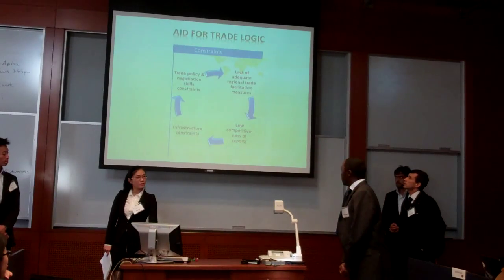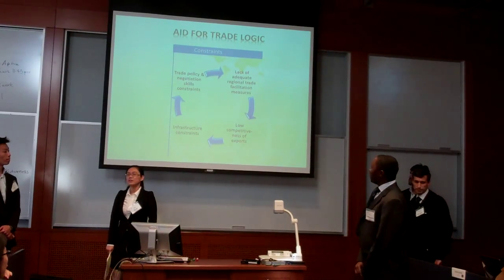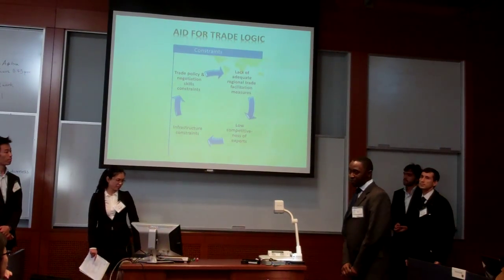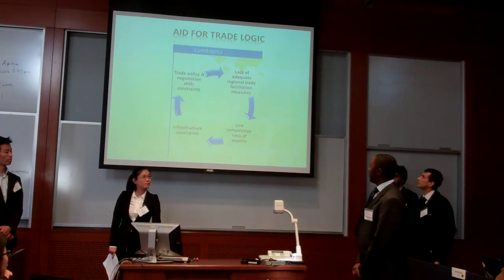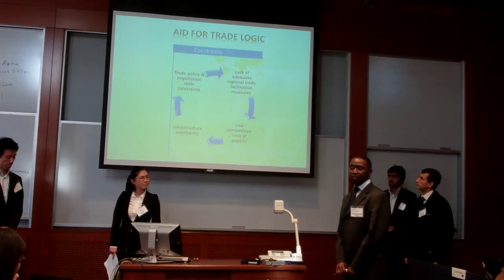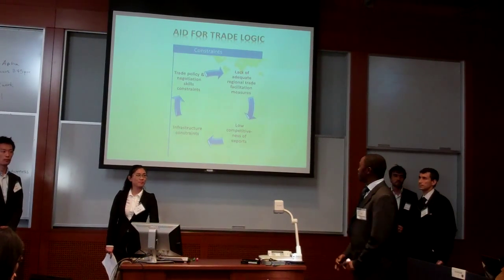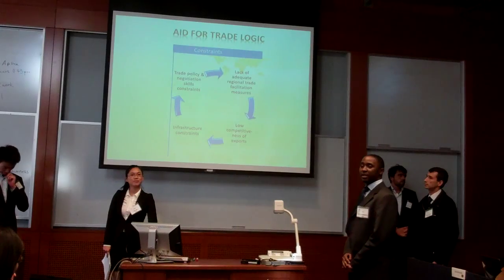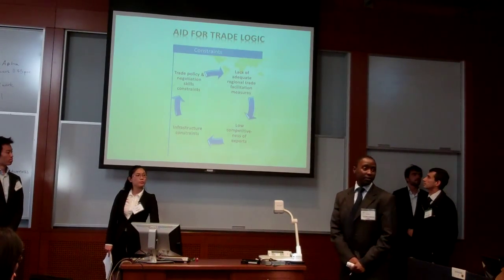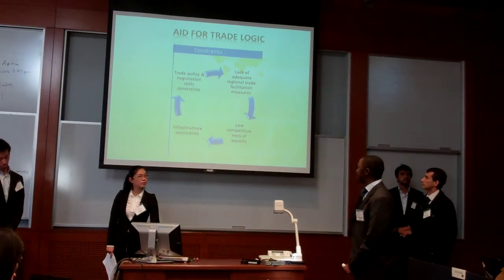Secondly, I would like you to focus on the logic which we have established to back up Aid for Trade. As you well know, and we have read in previous classes, for a country to grow, we have to ensure that there is foreign direct investment, and the country should be able to export its goods and services.